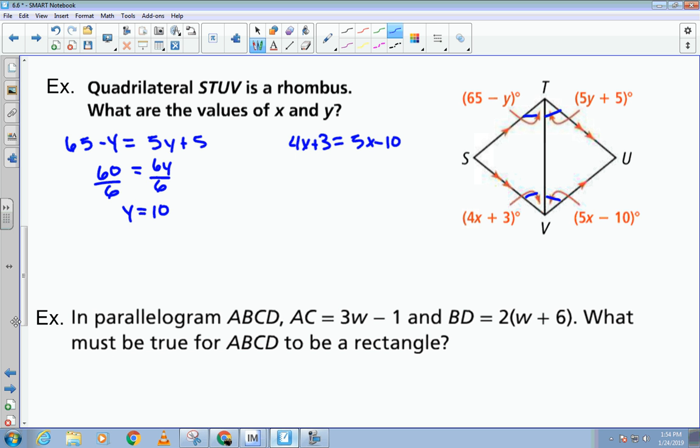Okay, solve this. Let's subtract 4x from both sides, add 10 to both sides, and x is going to have to be 13. So if y is 10 and x is 13, then it is what?